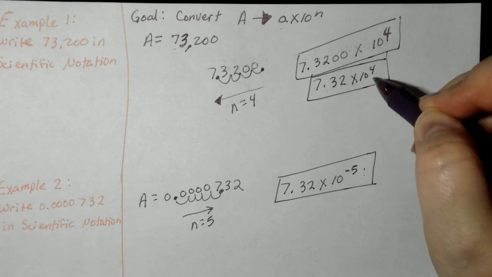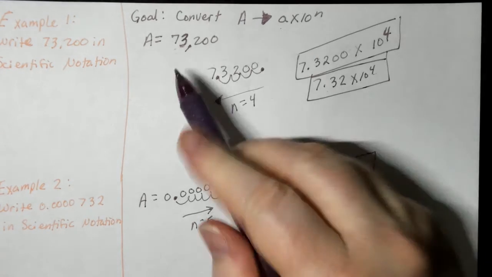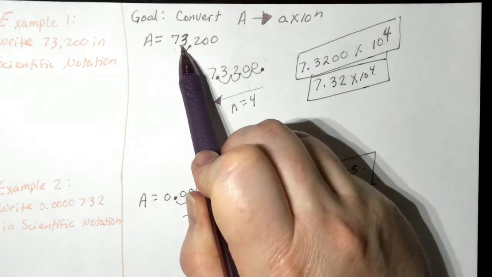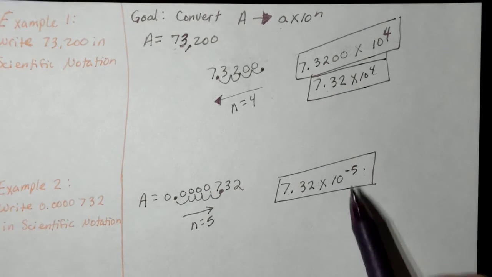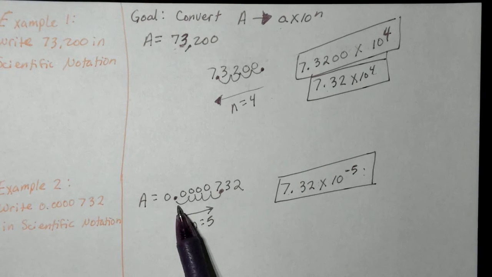But my positive power and my negative power make a big difference. My positive power meant that I got a really big number. Big power, big number. Positive power, big number. Negative power, small number. Small power, small number. That's how I try to remember it.